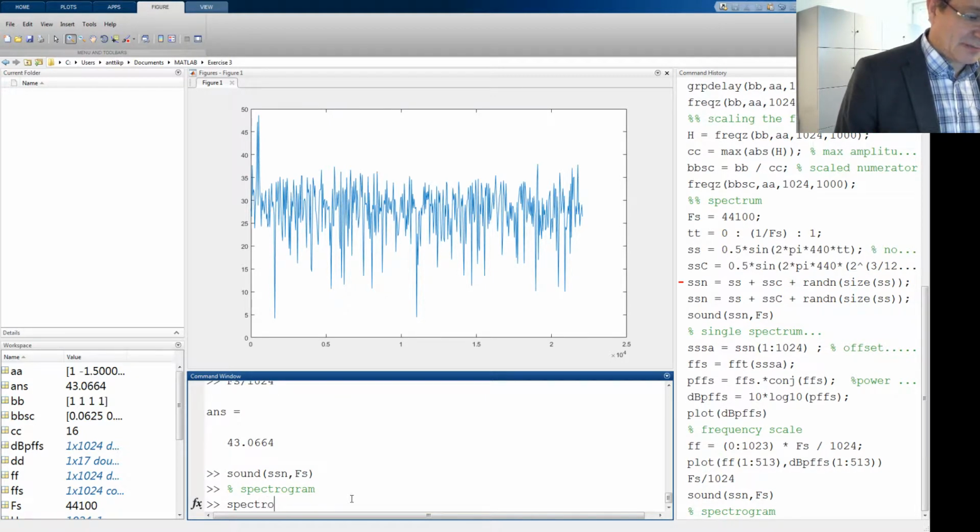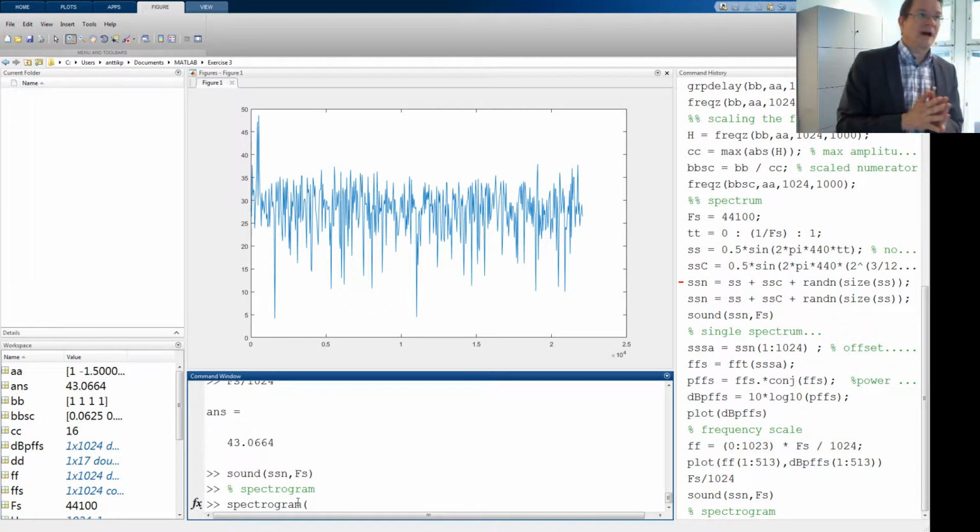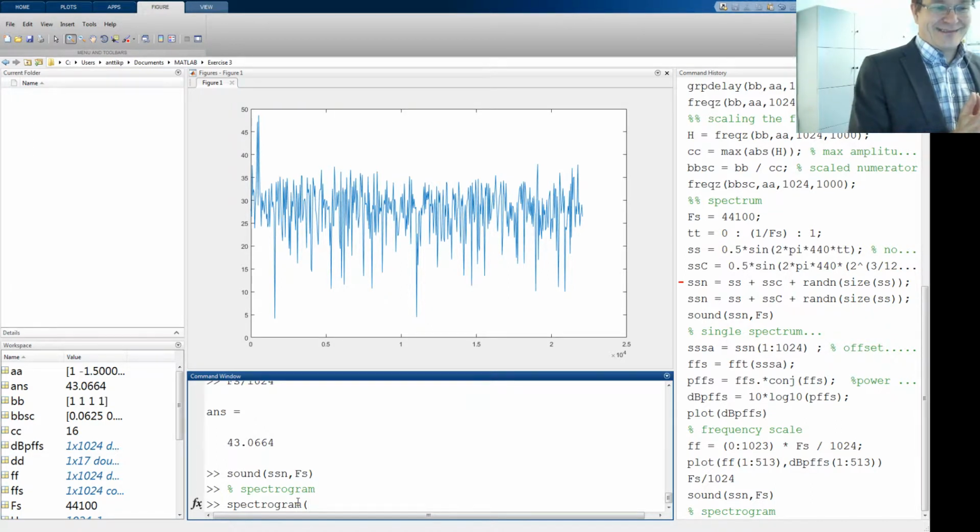Unfortunately, this spectrogram is made by mathematicians, not engineers. I'll show you what not to do first. Okay, there's that signal. Now we use the full signal.